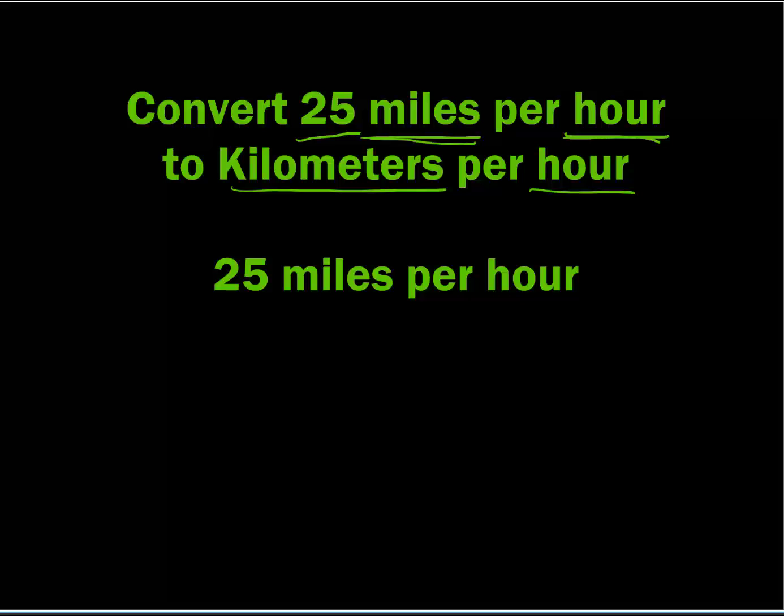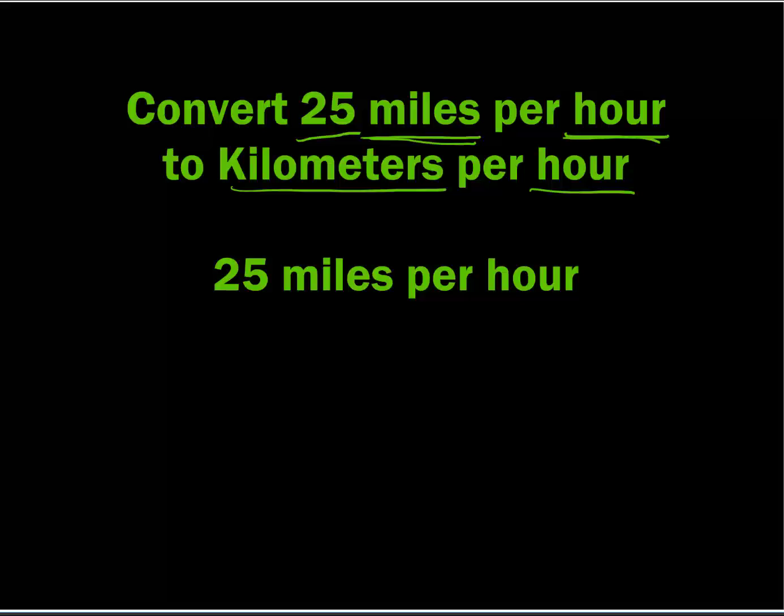There's several different methods of doing that out there. The method that I prefer and the method that I teach in my physics courses is to stack your units and use unit cancellation in order to convert from one unit to another. Now let's see how that works. We're going to start with 25 miles per hour.